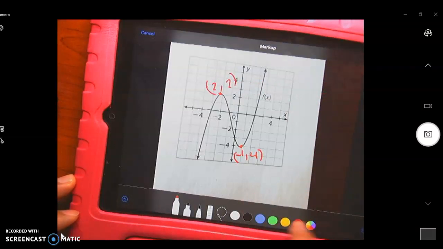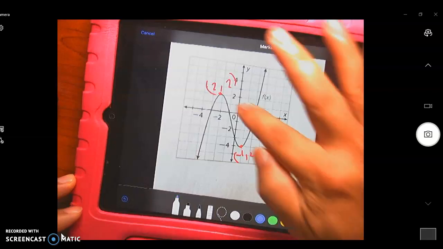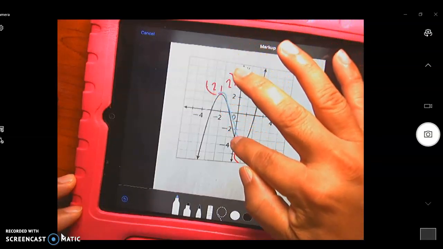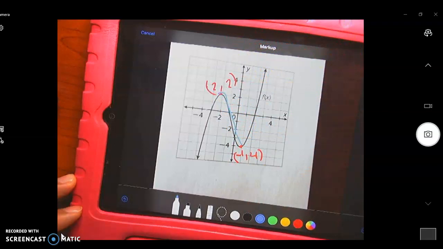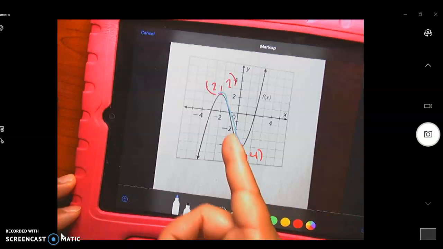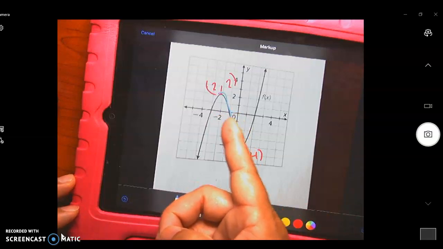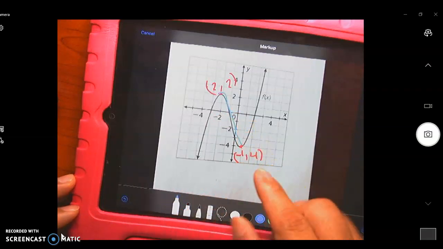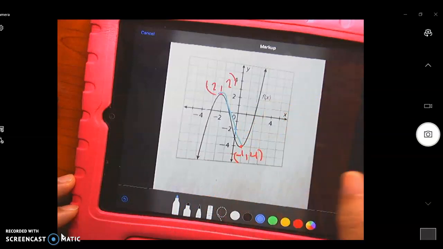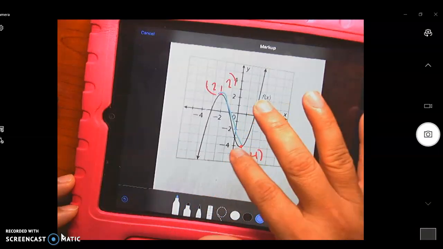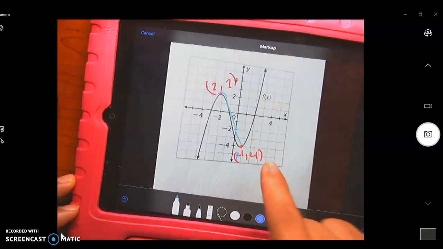Then we can talk about when it is decreasing. Decreasing is between the maximum and the minimum. That's decreasing. So we can say it's decreasing between -2 to 1. Now some of you could have corrected me. This is +1, right? So 1, 4, right?